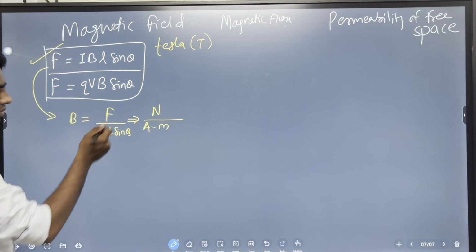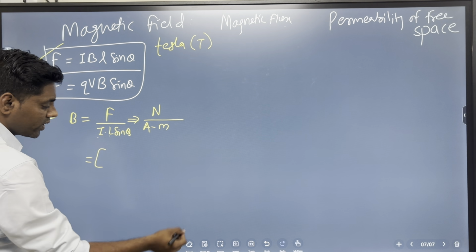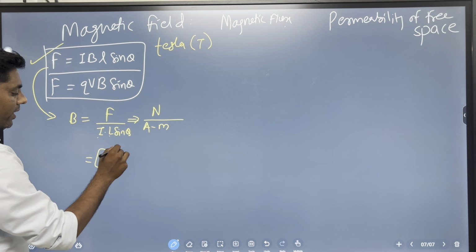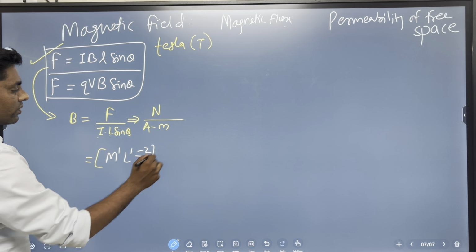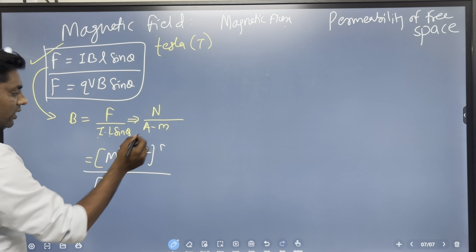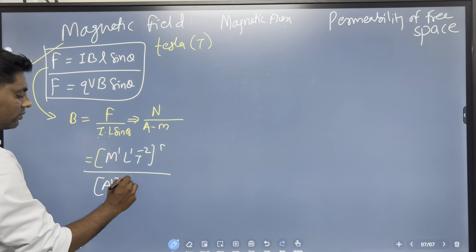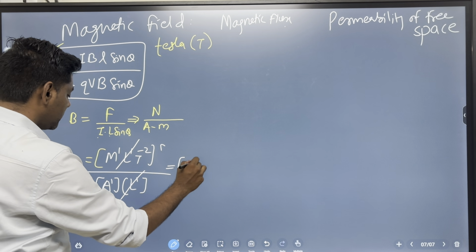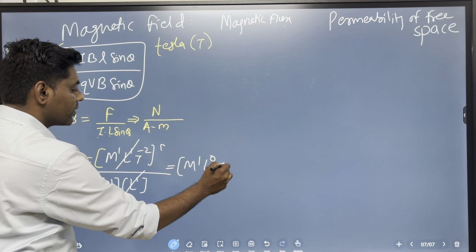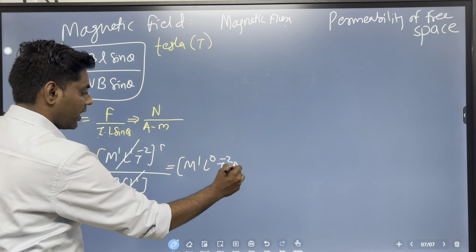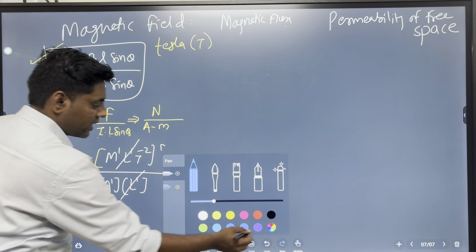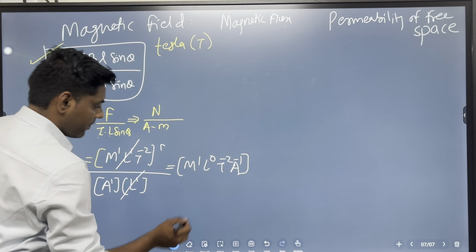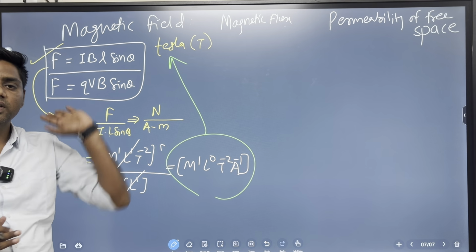The dimensional formula for force is M1 L1 T minus 2, for current it is A1, and for meter it is L1. So L1 gets cancelled, and we get M1 L0 T minus 2 A minus 1. Remember, this is the dimensional formula for magnetic field, which has the SI unit Tesla.